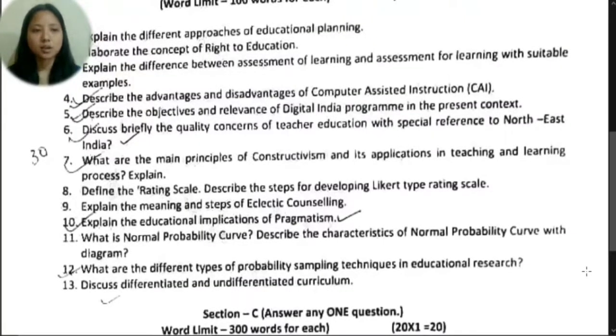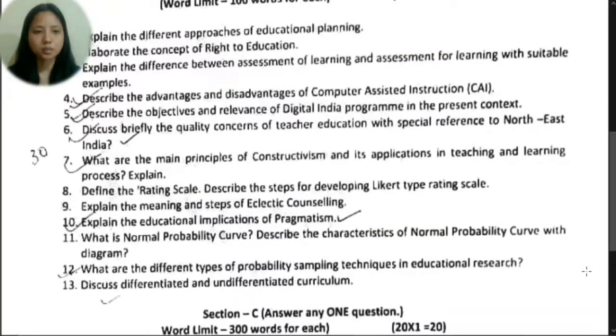The seventh question is, what are the main principles of constructivism and its applications in teaching and learning process? Explain. And the eighth question is, define the rating scale. Describe the steps for developing Likert type rating scale. The ninth question is, explain the meaning and steps of eclectic counseling. The 10th question is, explain the educational implications of pragmatism.